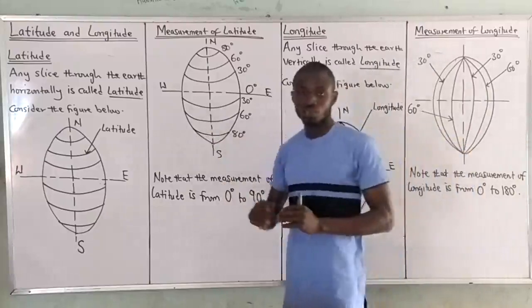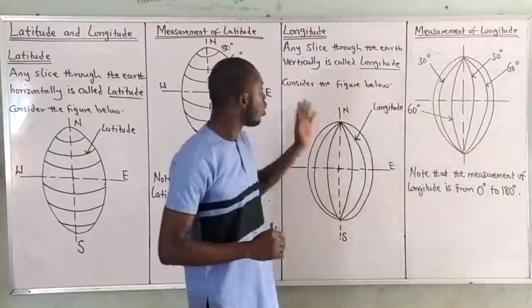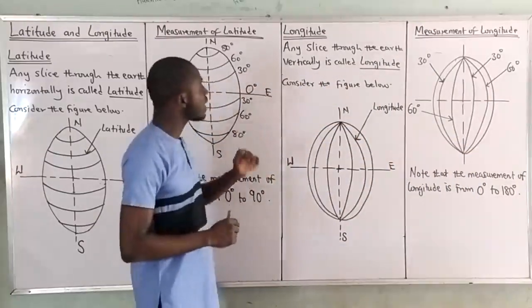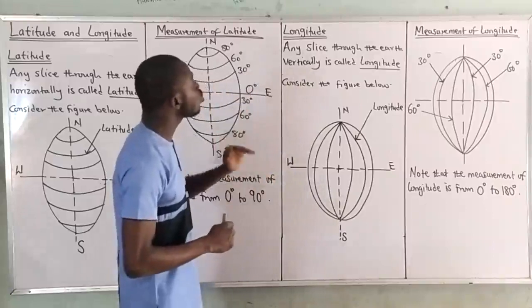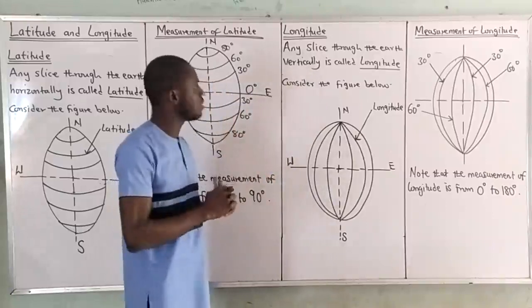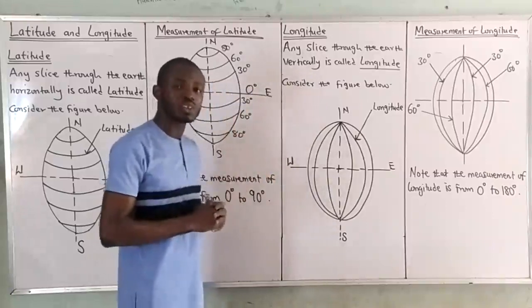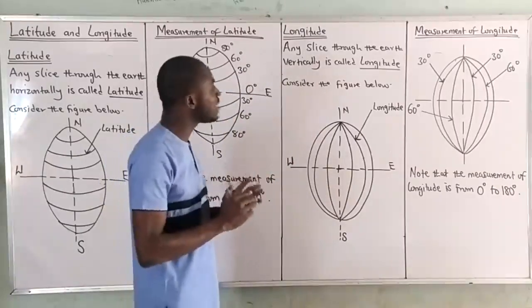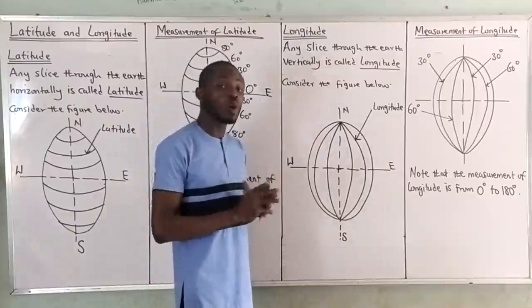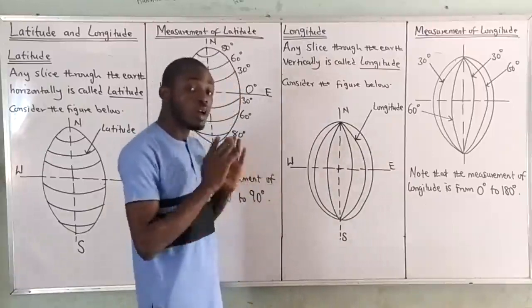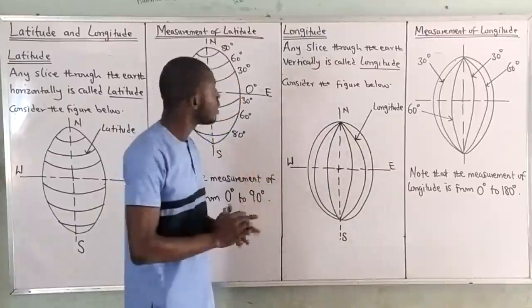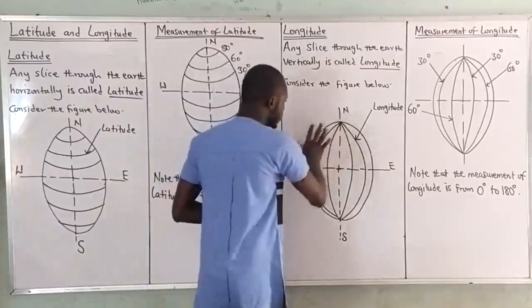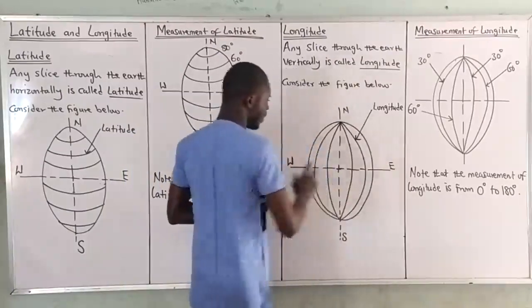Having understood latitude, now let's talk about longitude. Any slice through the earth vertically is what we call longitude. Now look at this. This is a simple representation of the earth's surface.